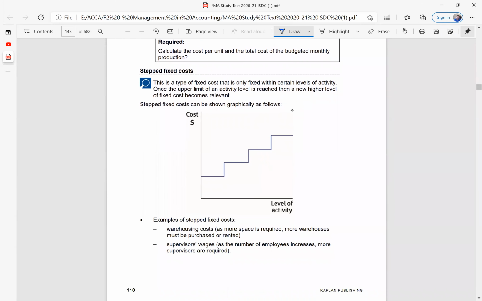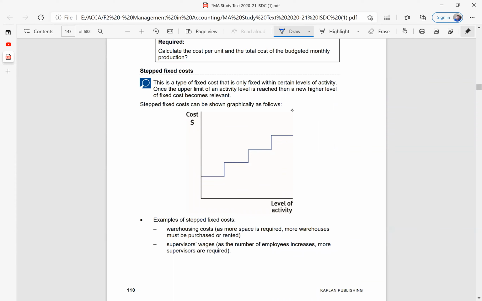Now coming towards step fixed cost. Step fixed cost is going to be constant up till a certain level, but then it increases. Let's take an example that the machinery you bought for production has a capacity of 1,000 units. Now you don't have money to buy additional machinery, but you want to increase your capacity up to 2,000 units.